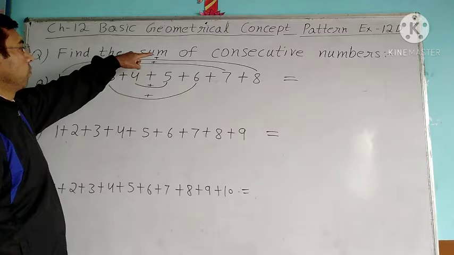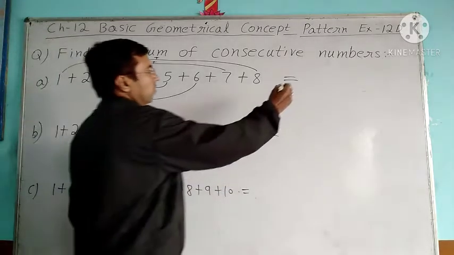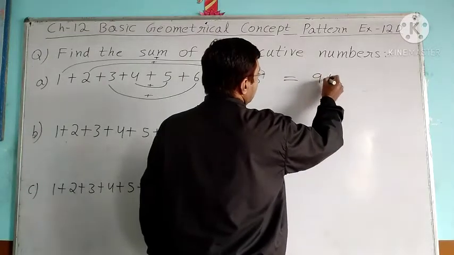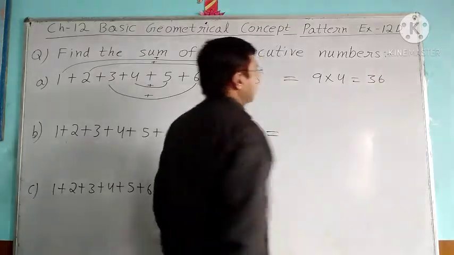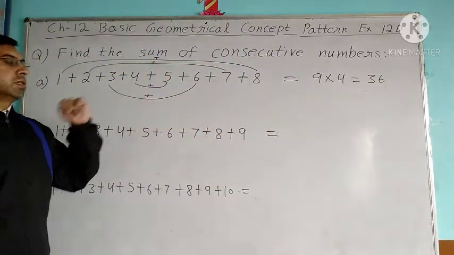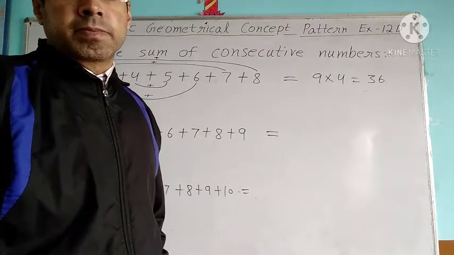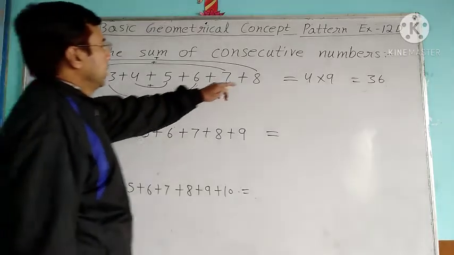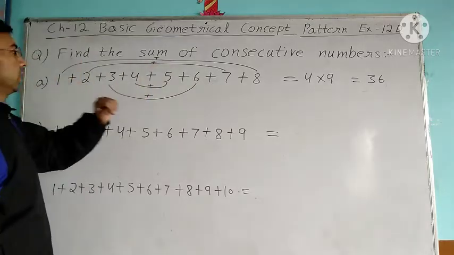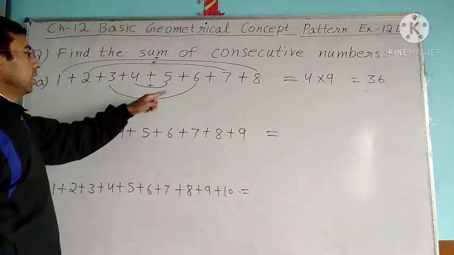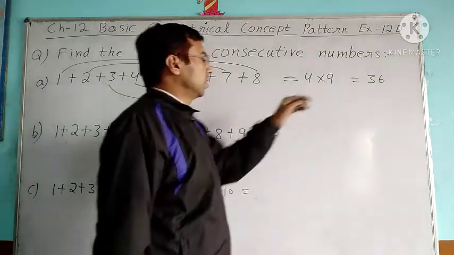How many 9s? 1, 2, 3, 4. So 9 into 4 is equal to 36. What is the sum of consecutive numbers? It is 36. Clear? So once again, 8 plus 1 is 9, 7 plus 2 is 9, 6 plus 3 is 9, 5 plus 4 is 9. 4 times 9, 4 into 9 is 36.